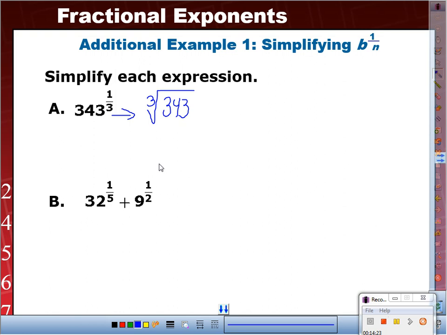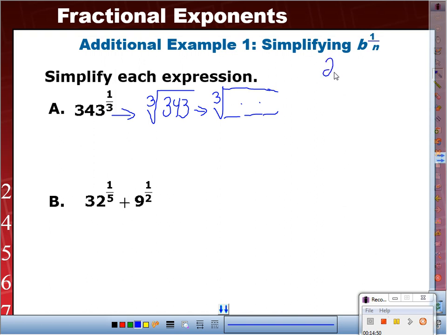Okay. Next, we need to find what number times itself 3 times gives me 343. Now you can start 1 times 1 times 1, 2 times 2 times 2, but let me give you a hint. Usually when we factor these out, we usually get a prime number.